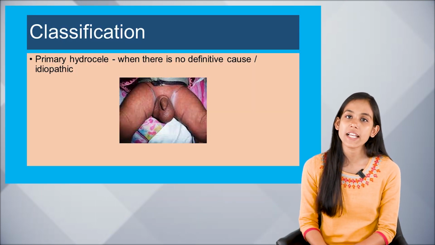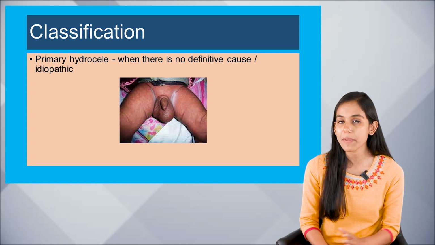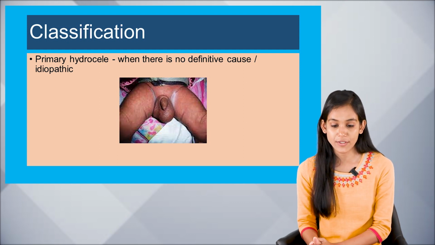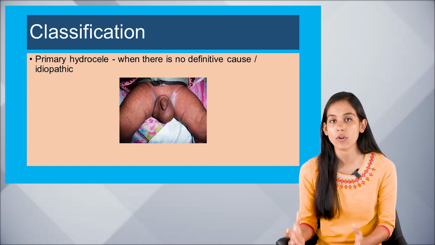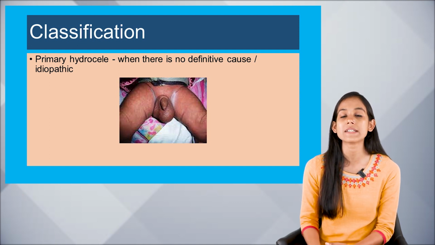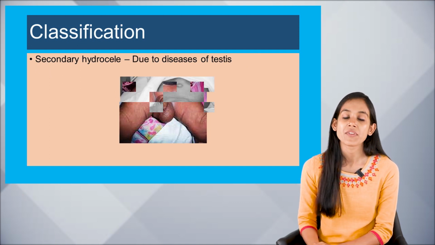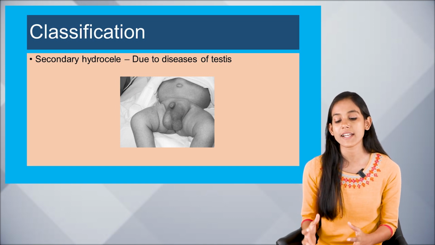Now next, moving on to the classification. Here we have majorly two types, that is primary hydrocele and secondary hydrocele. What is primary hydrocele? When there is no definitive cause, or we can say it is idiopathic, in that case we call it primary hydrocele. And the next one is secondary hydrocele. When do we call it secondary hydrocele?